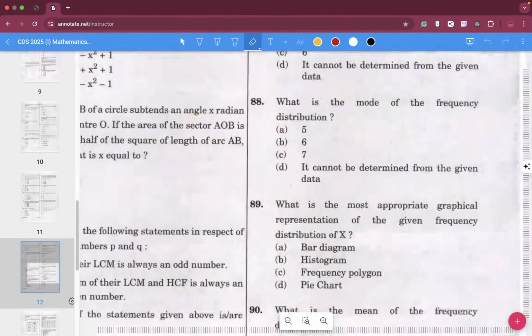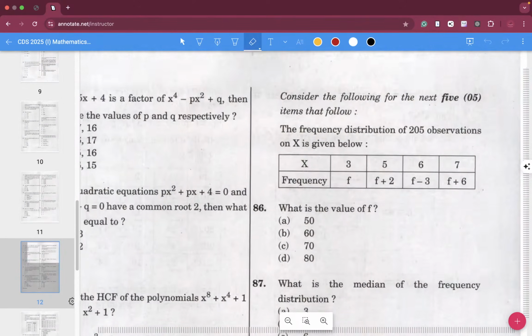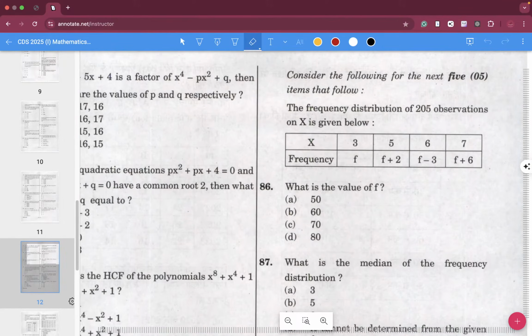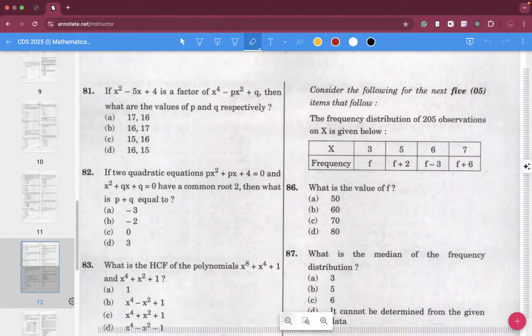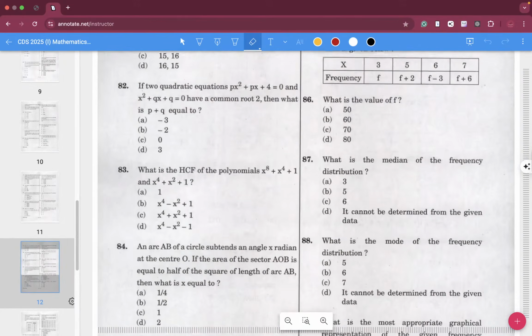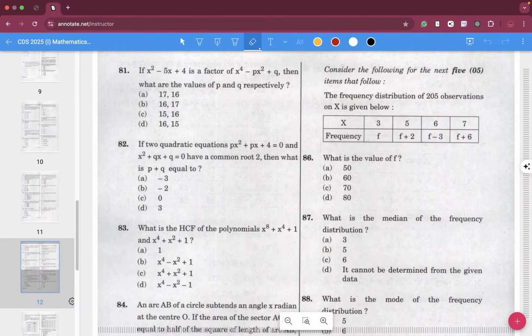So we'll move to the next one. Consider the following for the next 5 items that follow. This type of question is very prevalent. So consider the following for the next 5 items.